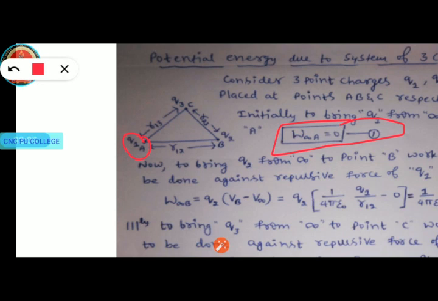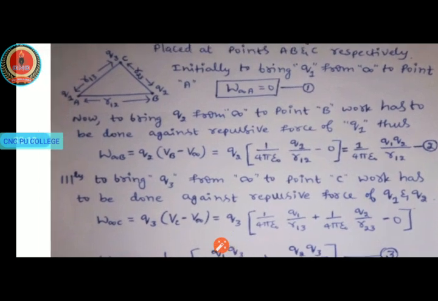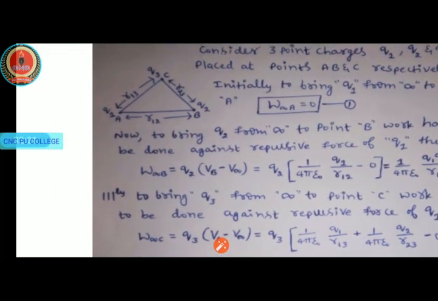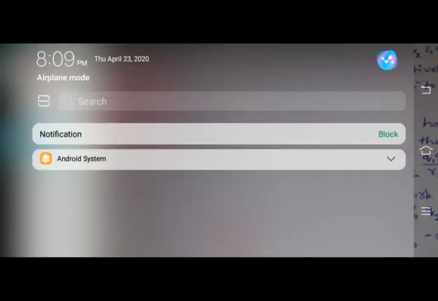Why is W infinity A 0? Because no work is needed to bring that first charge. But after bringing the first charge, it is clear that the first charge will produce the electric field symmetrically around it, right?